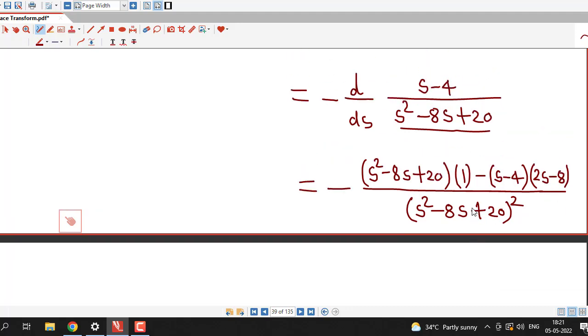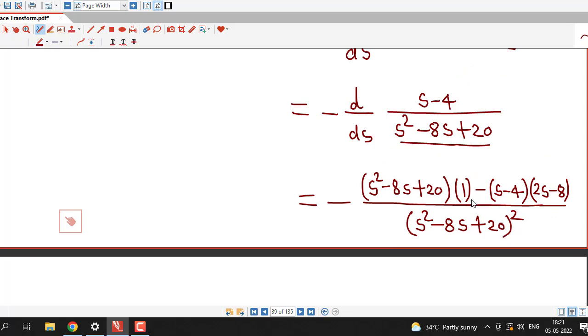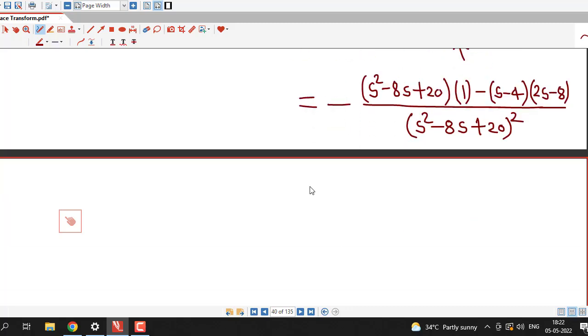So we have applied the division rule. In the denominator we write the square of the denominator, then the denominator as it is, derivative of numerator which is 1, minus the numerator s minus 4 as it is, times the derivative of the denominator, 2s minus 8. And now we simplify this.